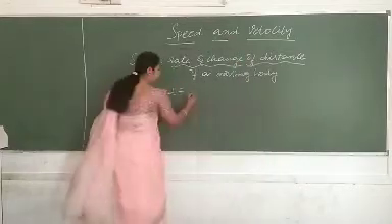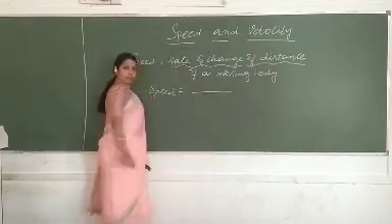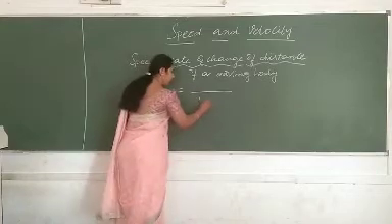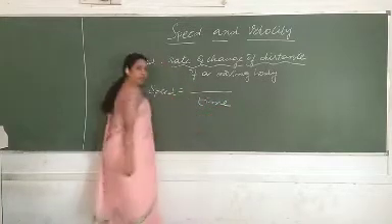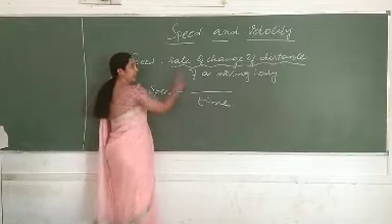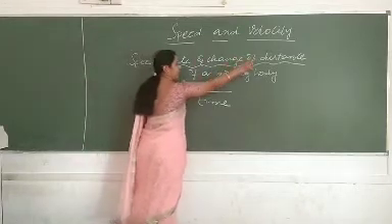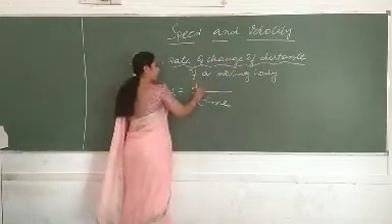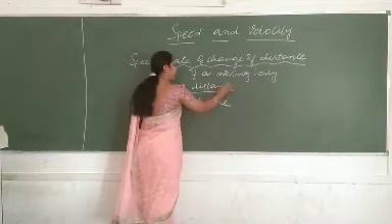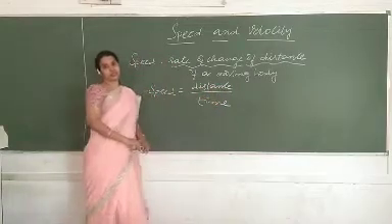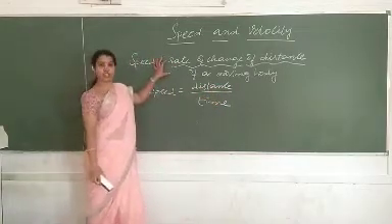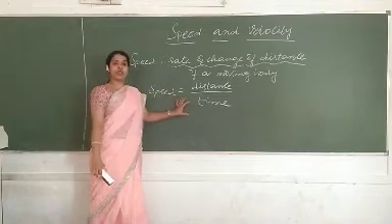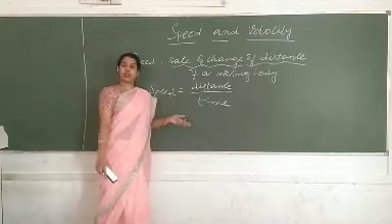So let me put a fractional bar. In the denominator I have to write time. In the numerator, since it is rate of change of distance, I have to write distance. So from the definition only I have written the formula. What is the formula for speed?